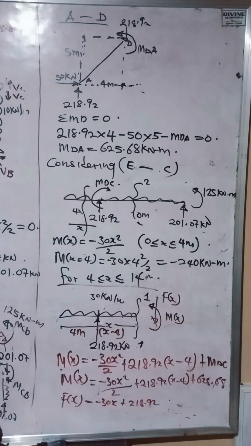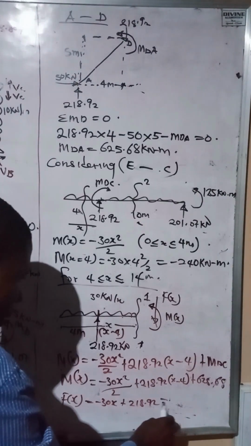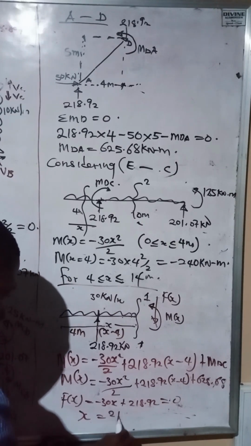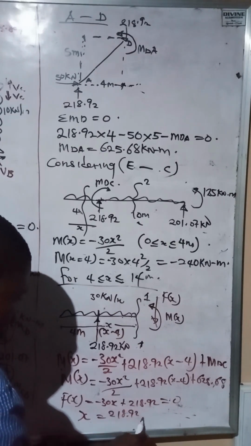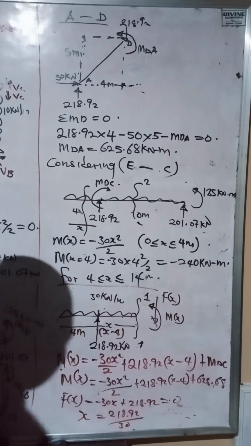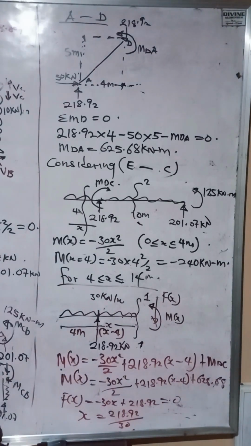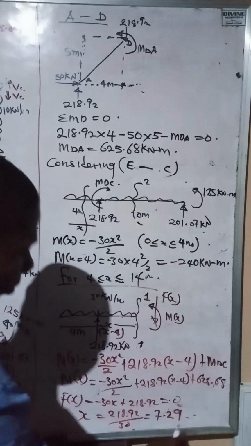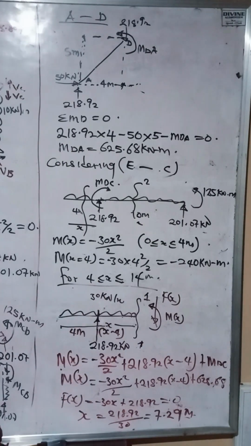Setting this equal to 0, we'll have x equals 218.92 over 30. Dividing by 30 gives us 7.29 meters. So that is the point of maximum moment.